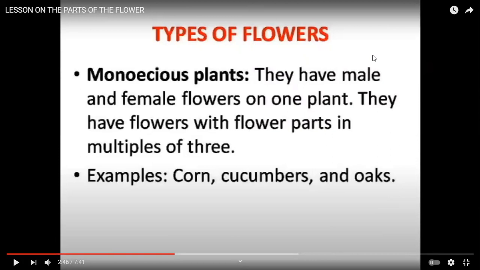Examples of monoecious plants are corn, cucumbers, and oaks. They have the male and female flowers on one plant, and they have flowers with flower parts in multiples of 3.